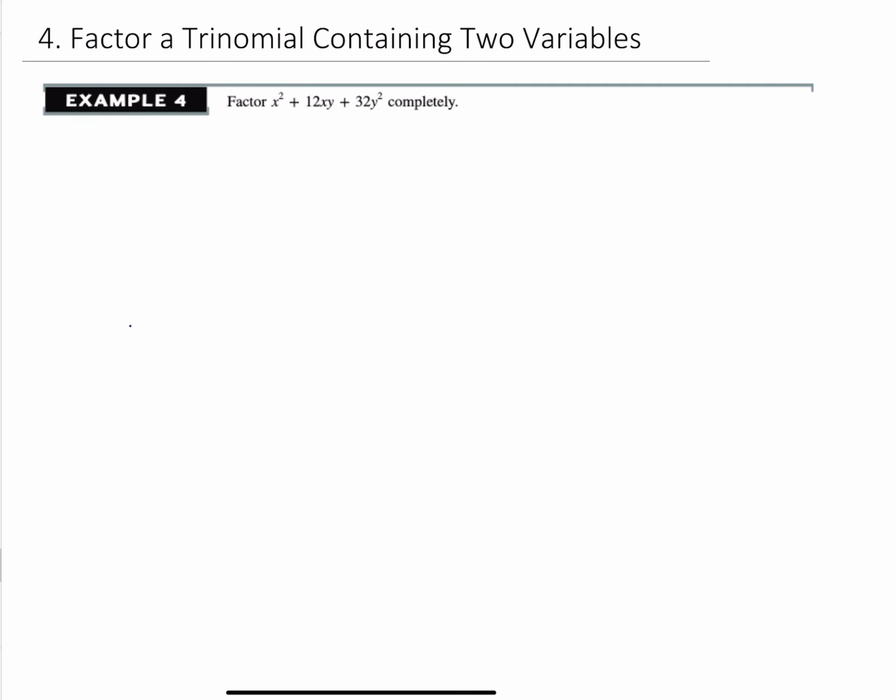Our last example is when we have two variables in our expression. Let's look at x squared plus 12xy plus 32y squared. And we're trying to view this as x squared plus something times x plus something else. So we can still basically do that here.